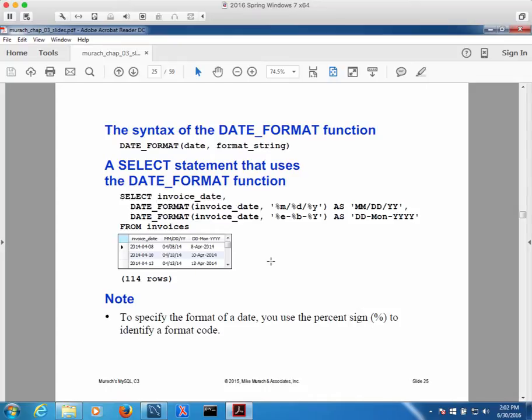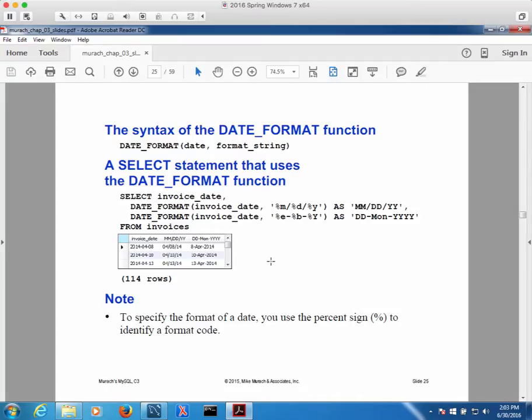So what if you want to only see the date and not the date and the time? This date_format is a function that allows us to get a character string representation of a column that has a data type date, and just see it the way that we would like.